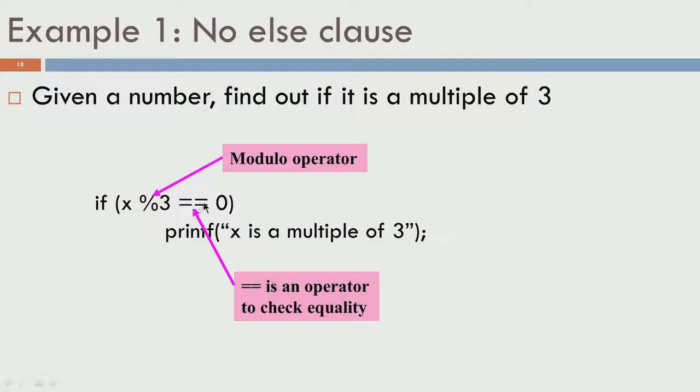P2 equals something, P1 equals something, and so on. You evaluate something on the right side and assign it to the left side, but if you have two equal to symbols right after the other, that is checking for equality. So, the meaning of this expression is, if x modulo 3 is equal to 0, then do this, else there is no else statement here. If this condition is true, this statement will be executed.